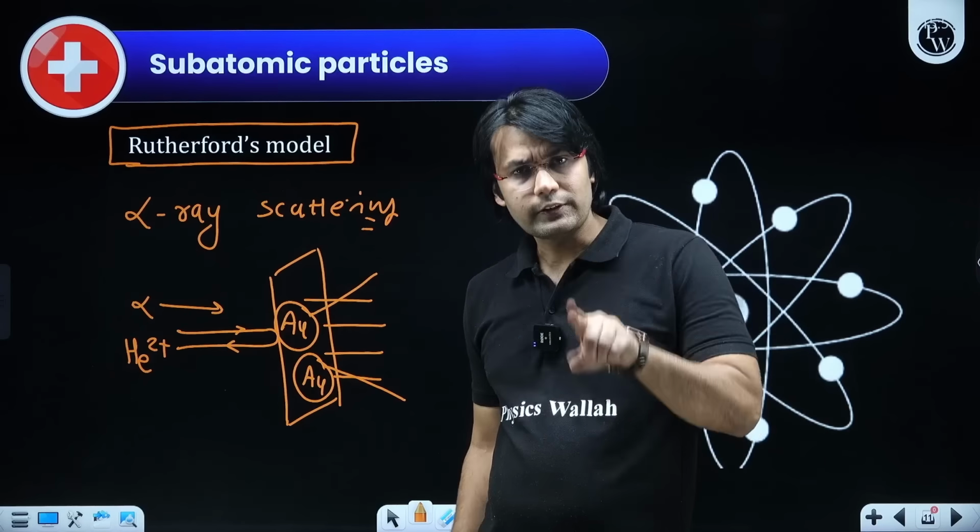After these two, one more point I can write in the failure of the Bohr model: it is applicable only for one electron species. You can still apply the Bohr model wherever there is an atom or ion which has only one electron in it.